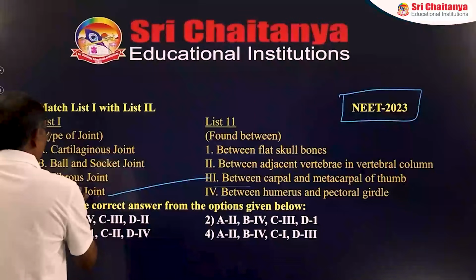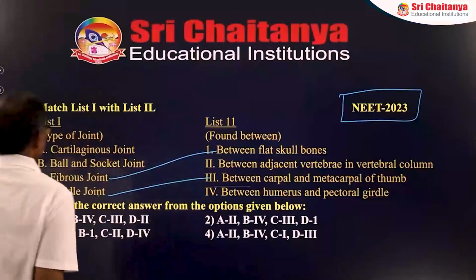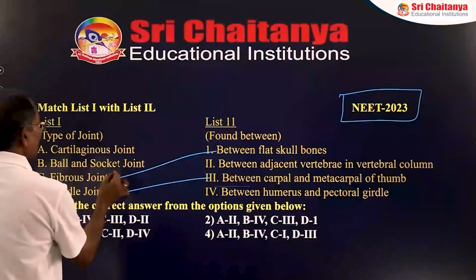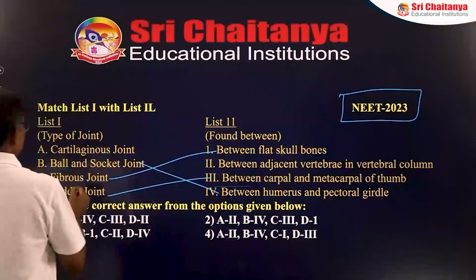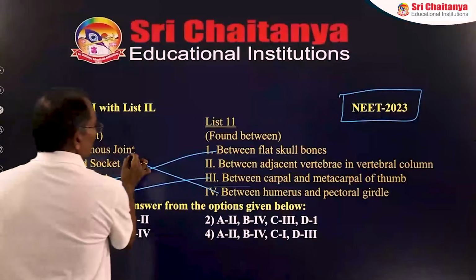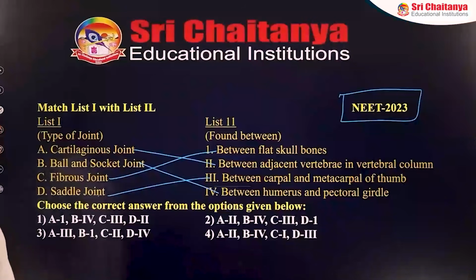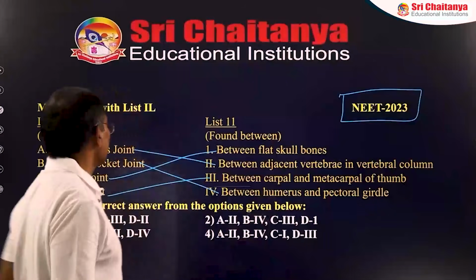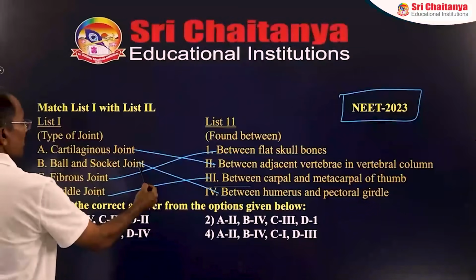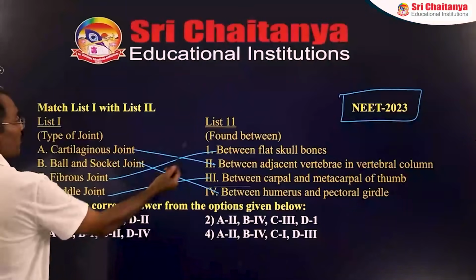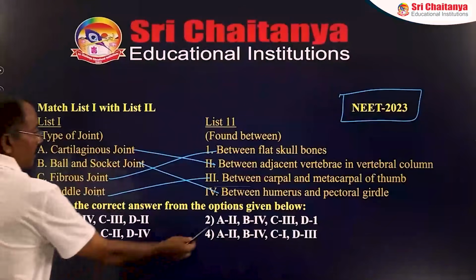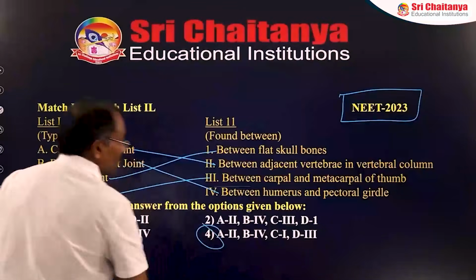Ball and socket joint between the humerus and pectoral girdle, then cartilaginous joint between adjacent vertebrae in the vertebral column. So correct answer is 2, 4, 1, 3. Correct option.